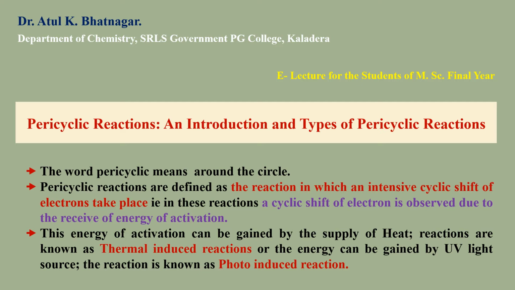Now we shall discuss the types of pericyclic reactions, or the classification of pericyclic reactions. Pericyclic reactions have basically been classified under four heads. Four types of pericyclic reactions, we can say.